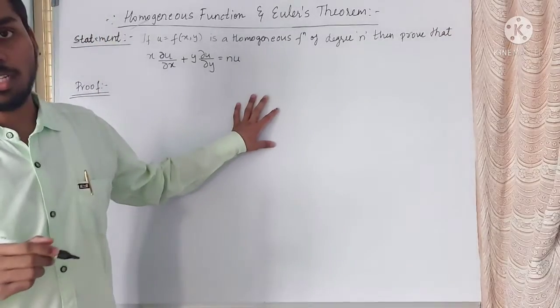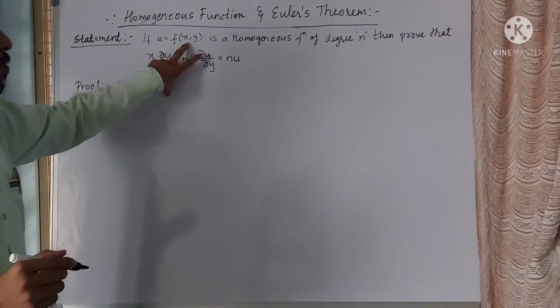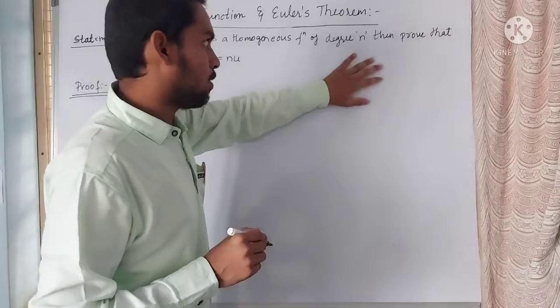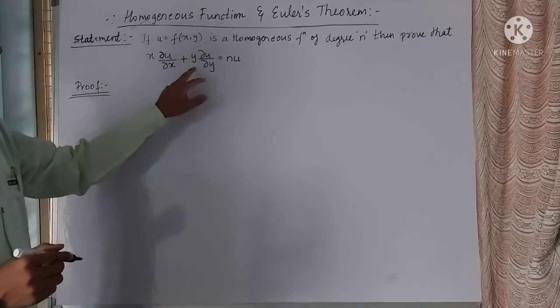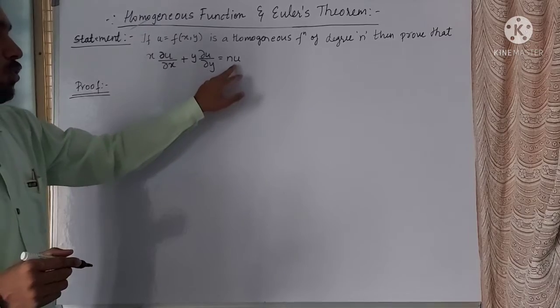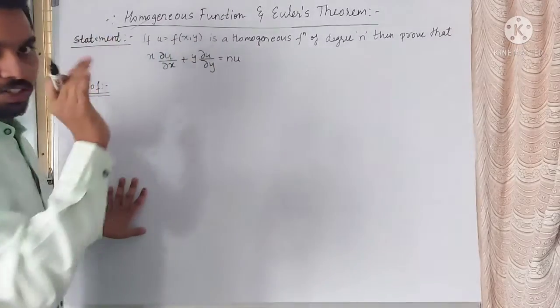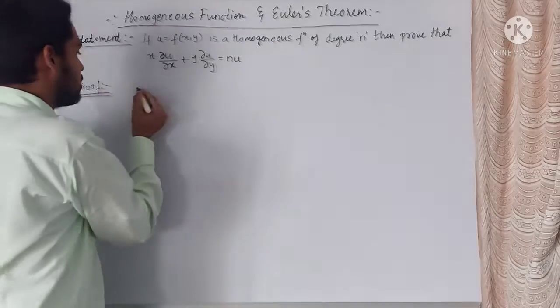Let us look at the statement of Euler's theorem. If u is equal to f of x y is a homogeneous function of degree n, then prove that x dou u by dou x plus y dou u by dou y is equal to n times u. So this is what we are going to prove. We know that if a function is homogeneous, then we can write it in this form.